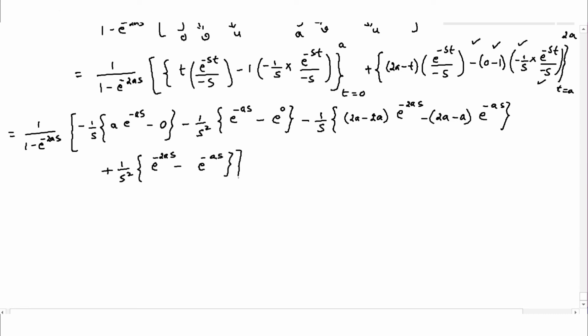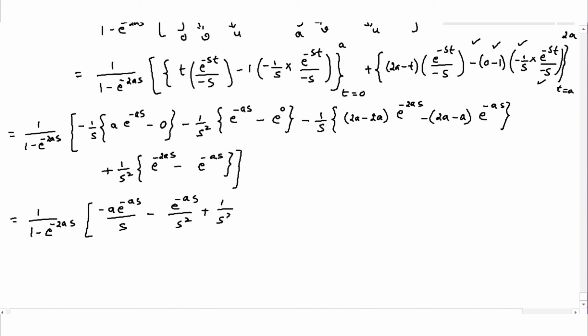So let us further try to simplify this expression. You have 1 by 1 minus e power of minus of 2a, yes. So just open the brackets and simplify completely. So that becomes minus a e power of minus of as divided by s. You can just ignore 0 there. So it is minus e power of minus as by s square. Next term minus of minus will be plus. E power of 0 will be 1. So 1 by s square.